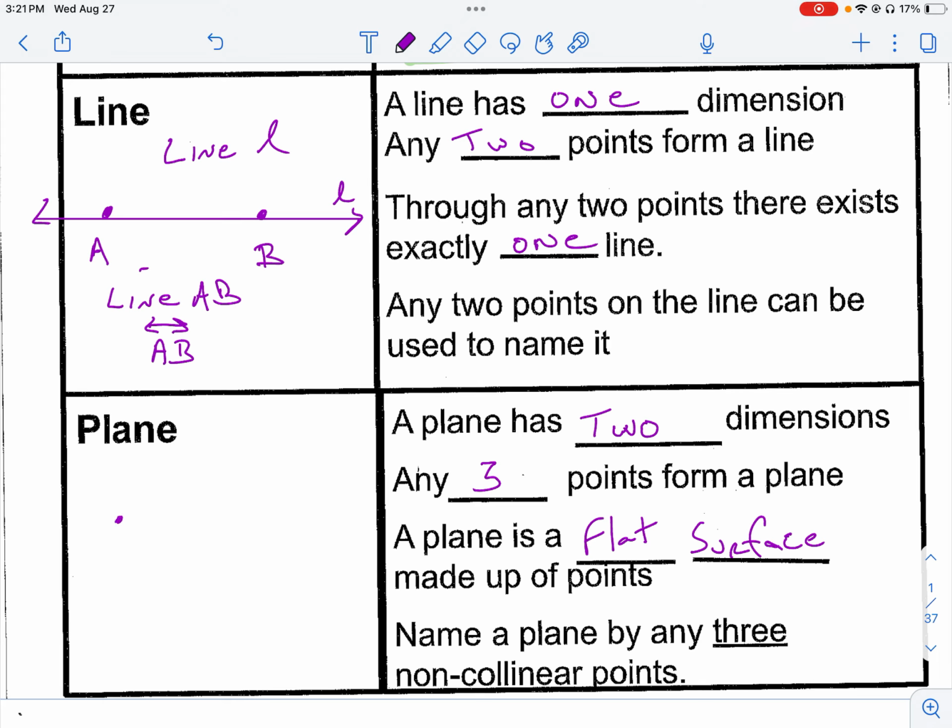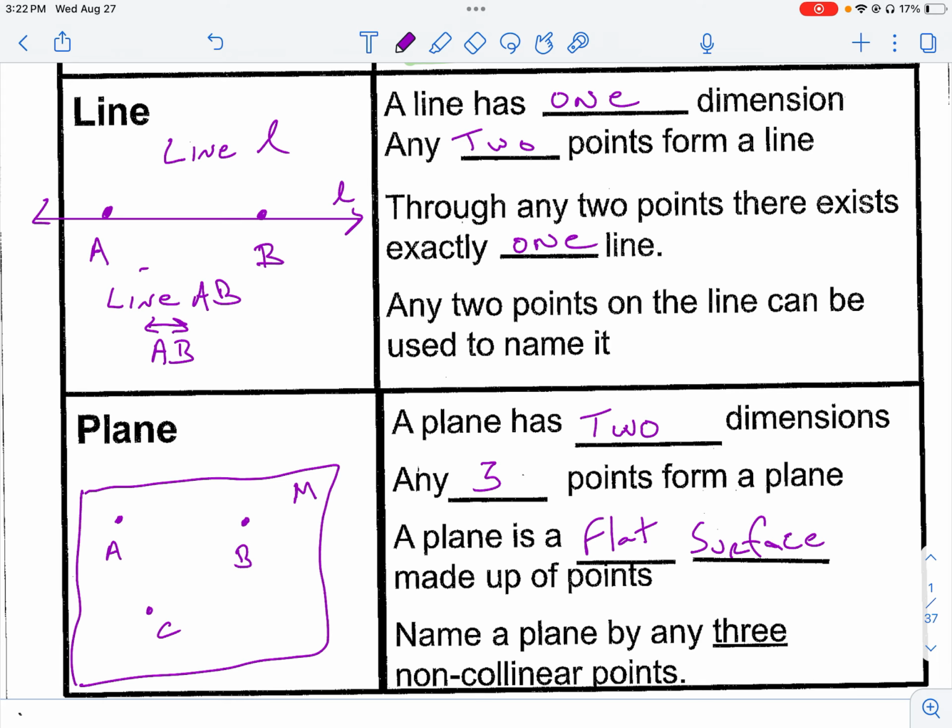So let's go back to our A and our point B, and we know a line connects them. And then down here, let's draw a third point that's not on the line between A and B, C. And this is going to create for us our plane. And just like we named our line with a lowercase letter, we can name our plane with an uppercase letter with no dot.